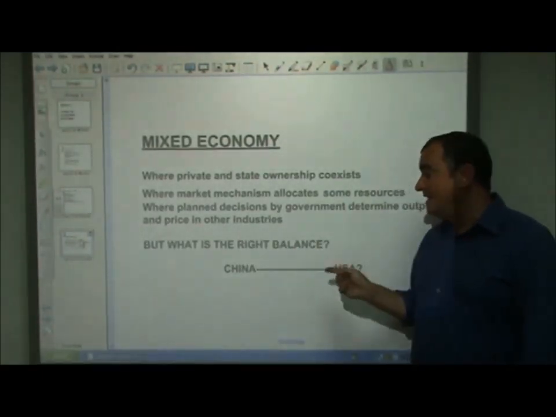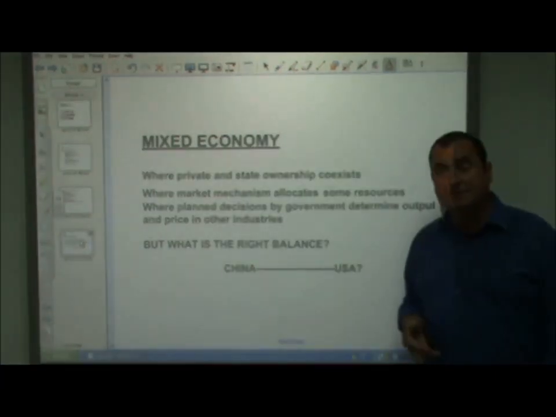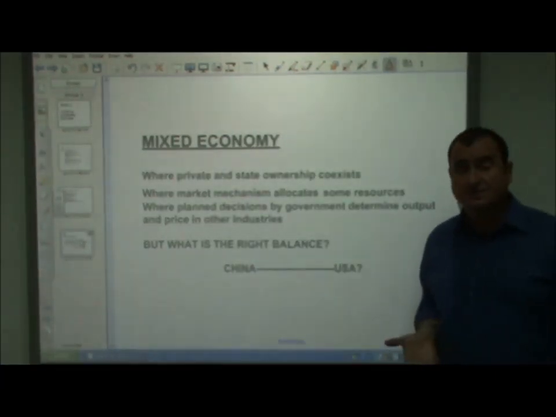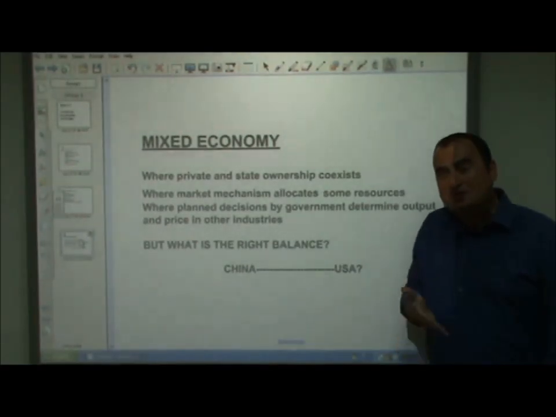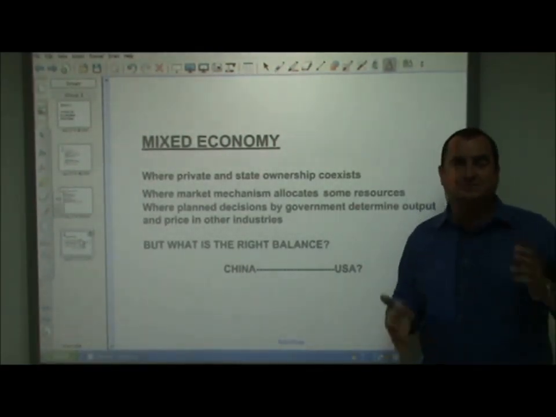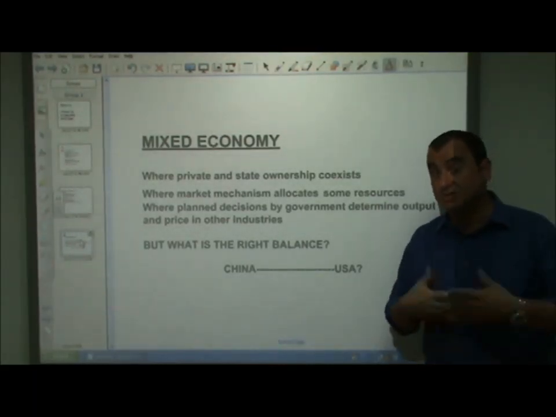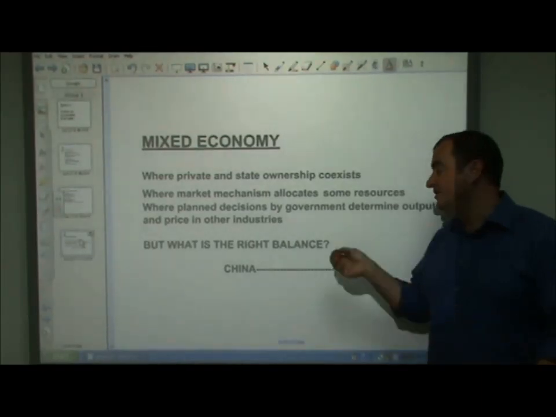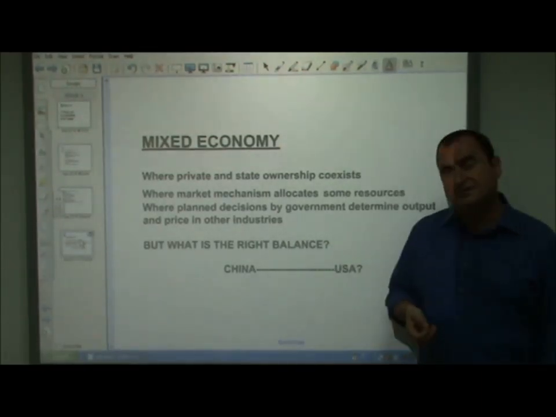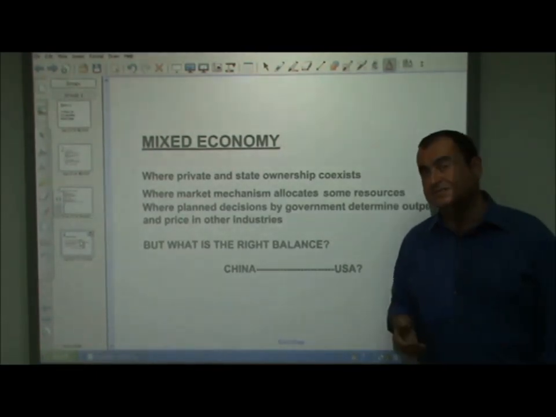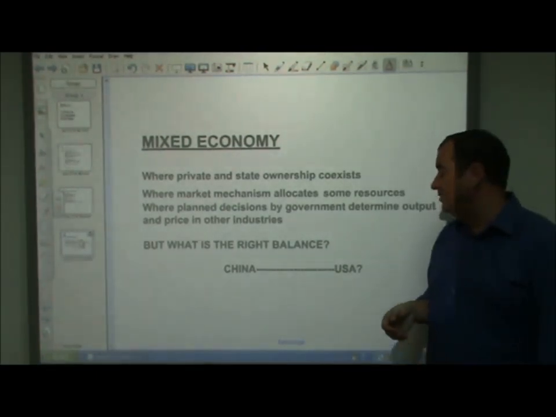But what is the right balance? Because China and the USA are both examples of mixed economies. So not all mixed economies are, to the same extent, the balance between private and state control. Of course, there's huge differences, and therein lies the debate that is at the heart of many economists and politicians.